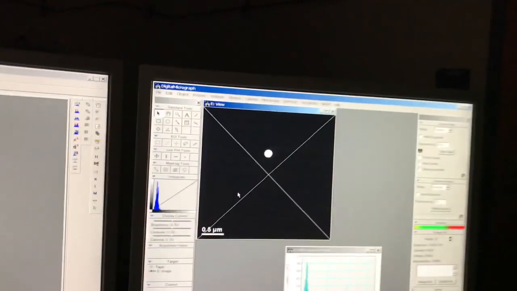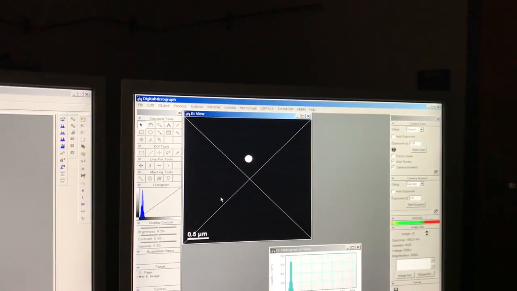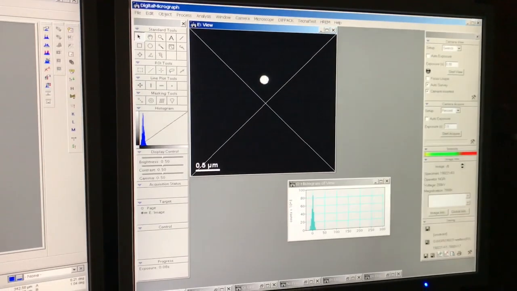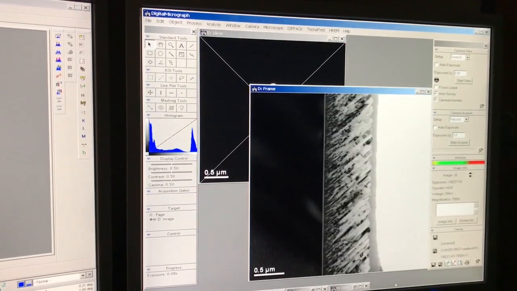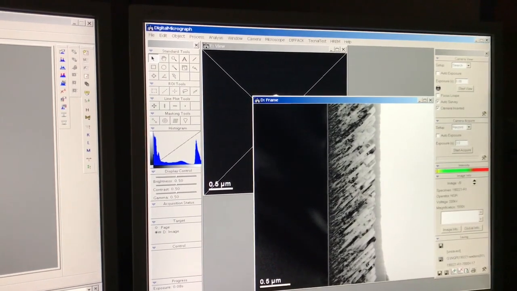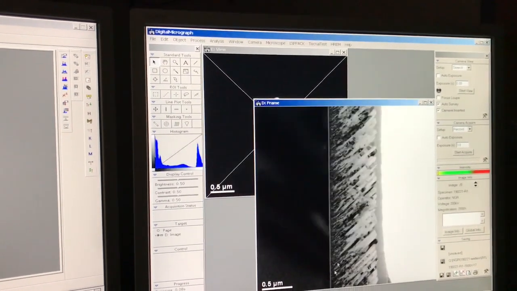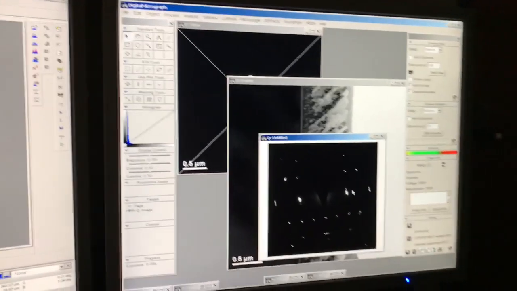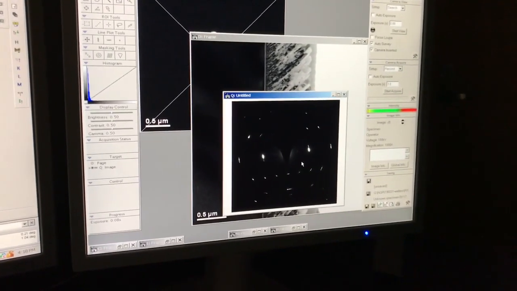Okay, so in other words, if I look at the diffraction pattern, I might see something a little bit different. Okay, let me find it here. That's the image. Find the rotated one. Okay, that's the rotated one for the film.